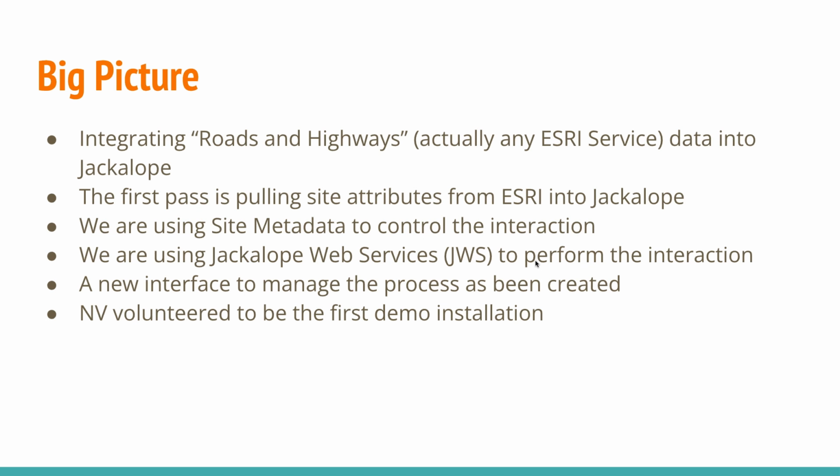Nevada volunteered, and basically it's the full test of what this actually looks like in a production environment. Nevada's a really good test case. They have 5 attributes that they want to update, and we ran into some interesting situations that had to be coded around, which is great.